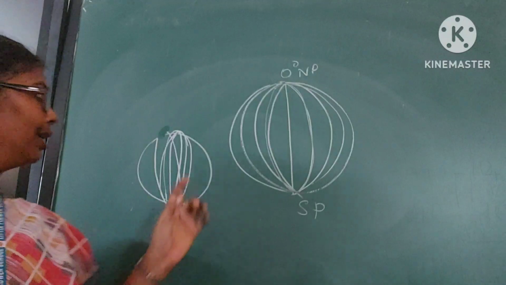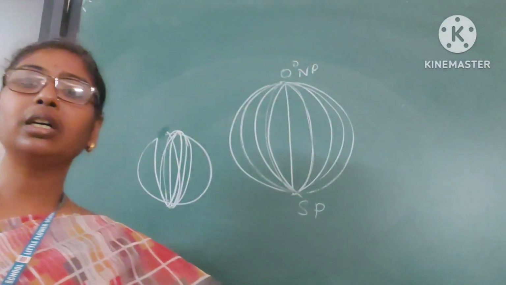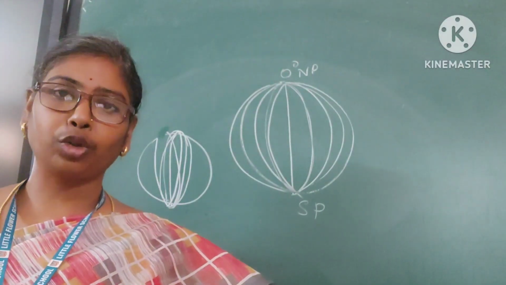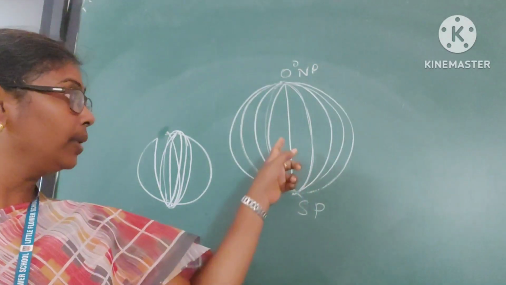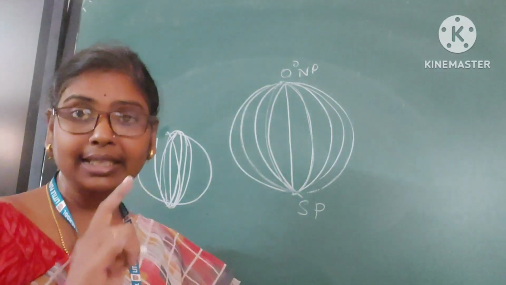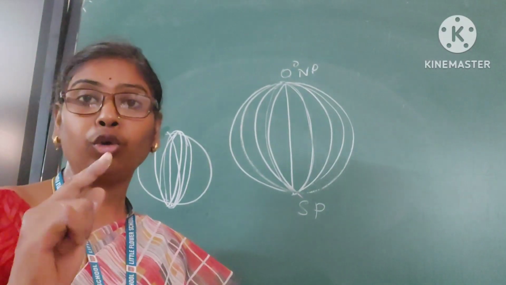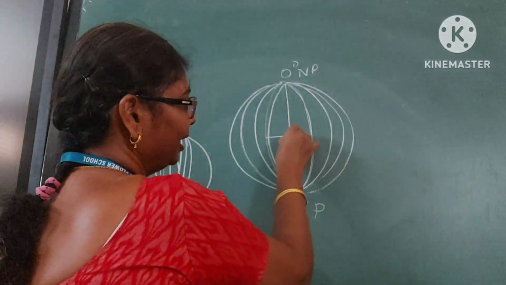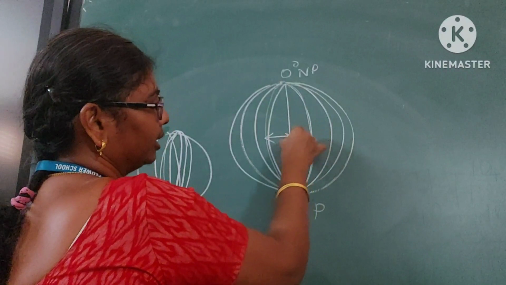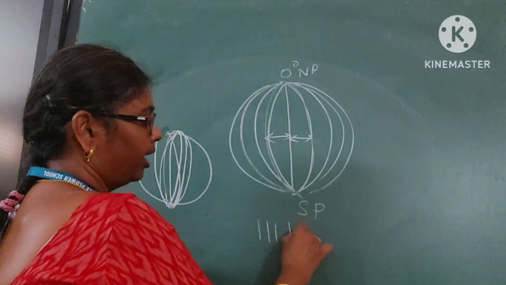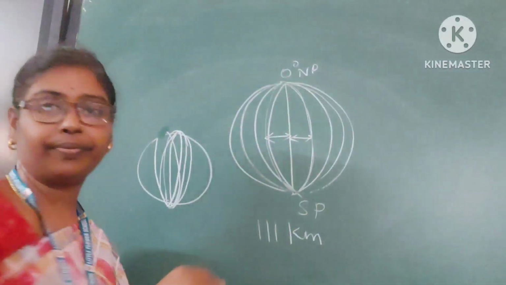So all the lines will be passing through the North Pole and South Pole. The maximum distance between two longitudes is highest at the equator, that is 111 kilometers.